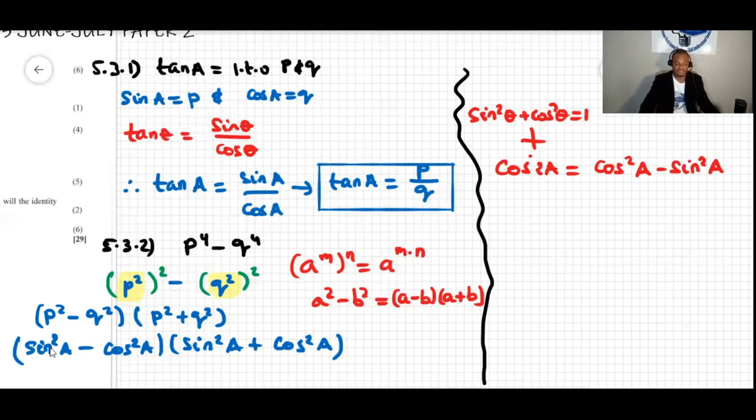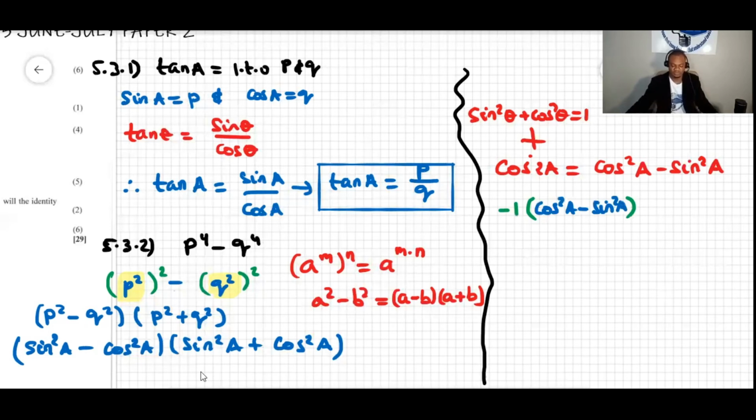Here I have sine squared minus cos squared, so I can put a -1 in front, outside the brackets, and then interchange the content. So this becomes cos squared A minus sine squared A.